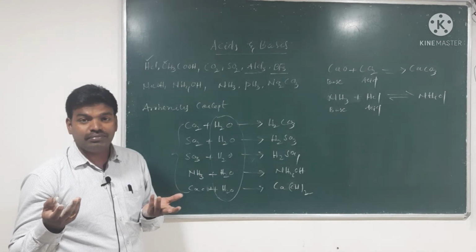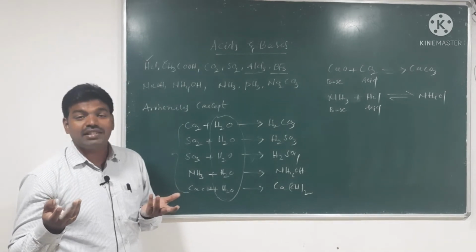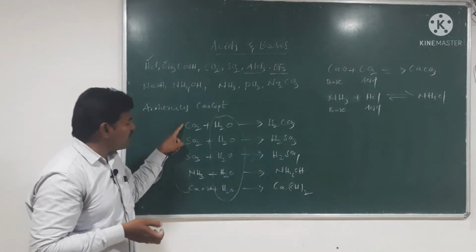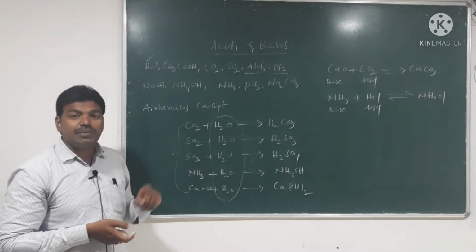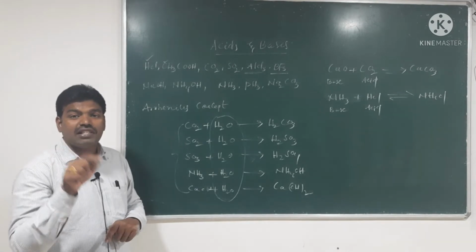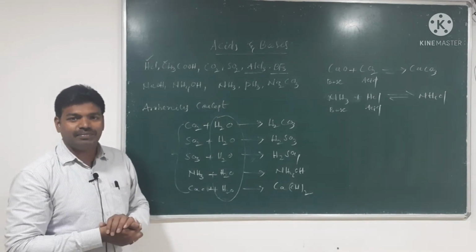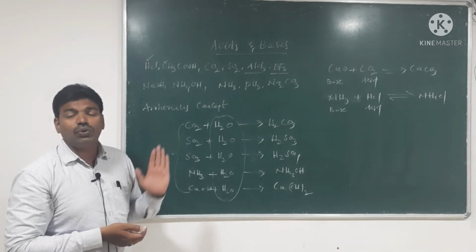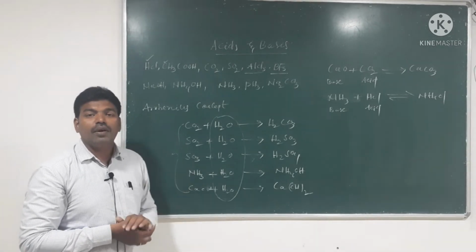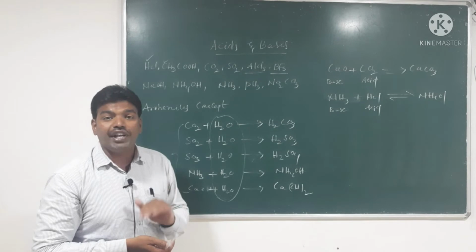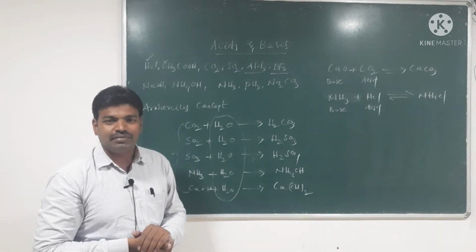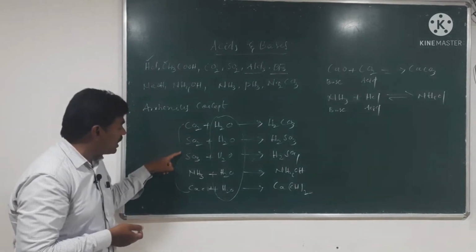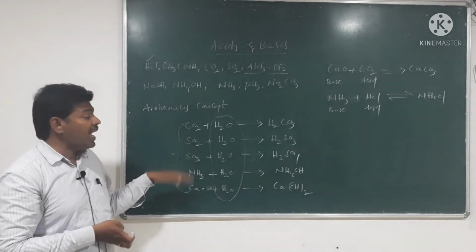No. The answer is certainly no. These compounds can furnish H plus ions or OH minus ions only in the presence of water as a solvent. But if you take another solvent, those compounds could not produce H plus ions or OH minus ions. That is why these compounds are called non-aqueous acids.